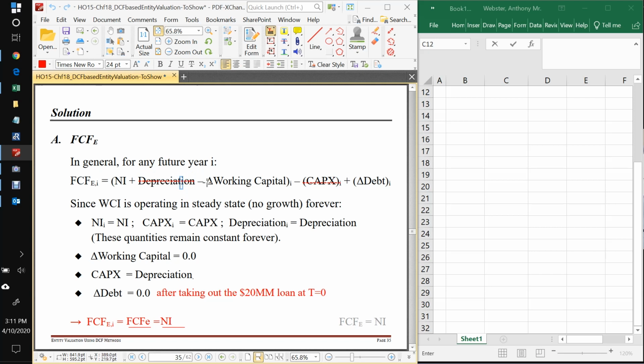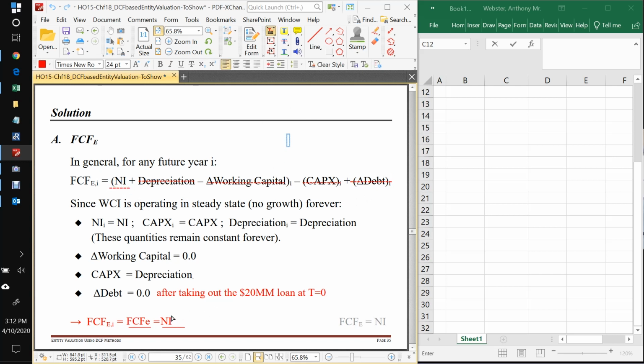And we said the changing working capital is 0, so that goes away. And finally, once we get them levered the way we want at T equals 0, there's going to be no further change in leverage, so delta debt is equal to 0. So what's left? All that's left is our net income.